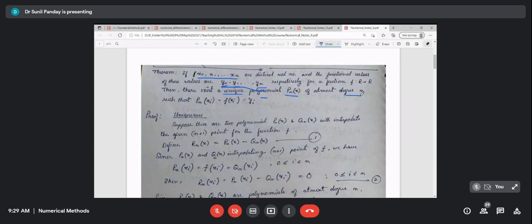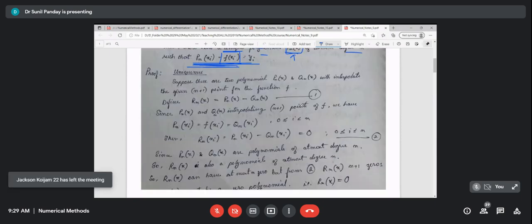So you have to prove that there exists a unique polynomial of degree n that fits this n plus 1 data. This is the approximating polynomial, and f of x0 equals y0, like this. And if you remember, this is the interpolating condition satisfied by the interpolating or approximating polynomial Pn(x).